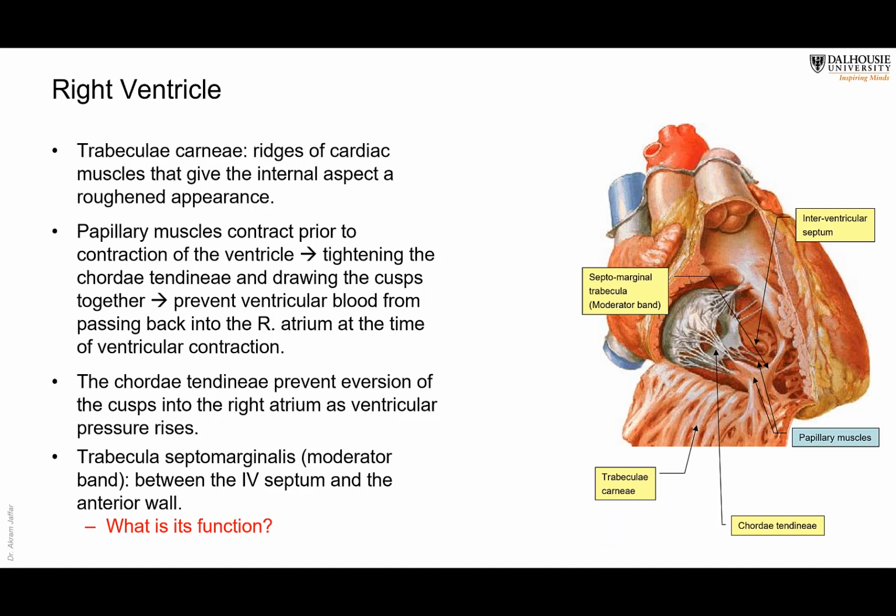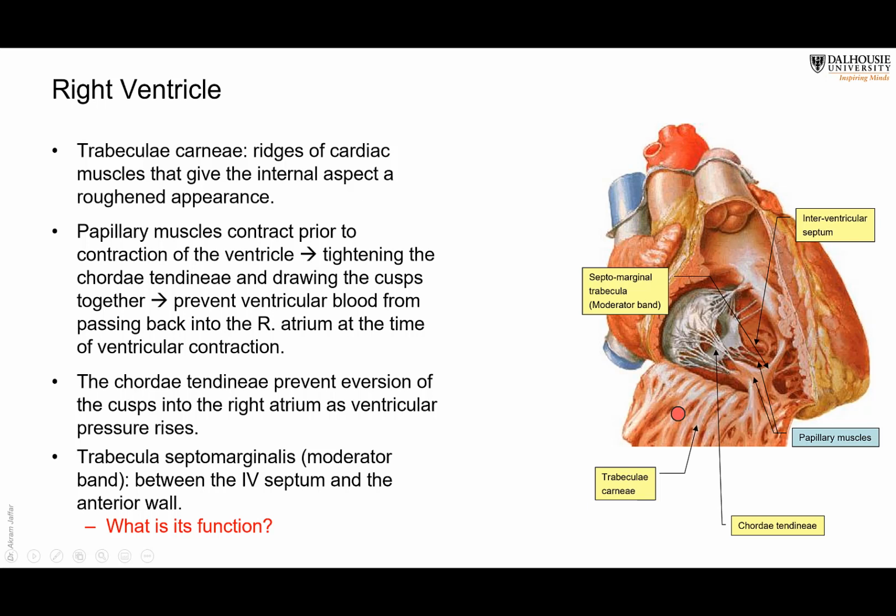The thick parts, these are like logs of cardiac muscle fibers, so they are called trabeculae carneae. Carne is from carnivore, meat. So it's like logs of meat which are present here. We don't call them musculi pectinati, but we call them trabeculae carneae.